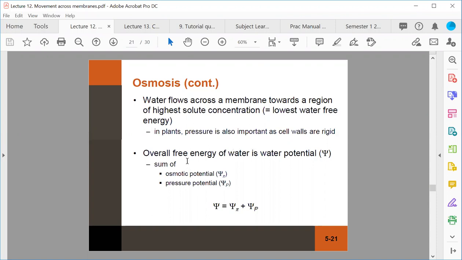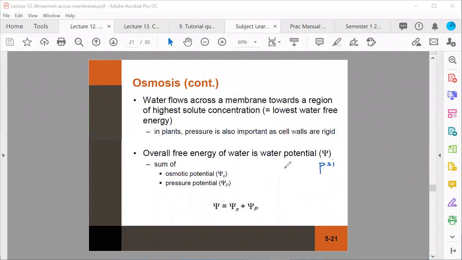So the overall free energy of water is referred to as the water potential. And here's the symbol for water potential. This symbol is called psi.